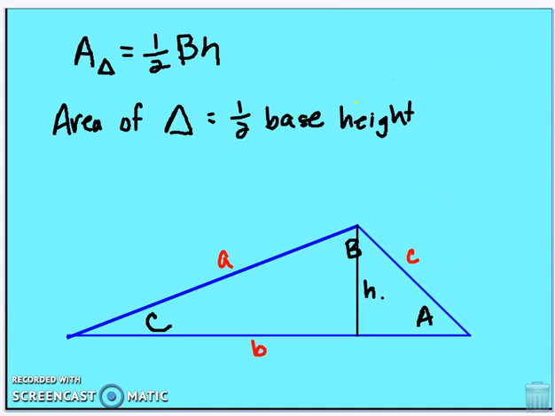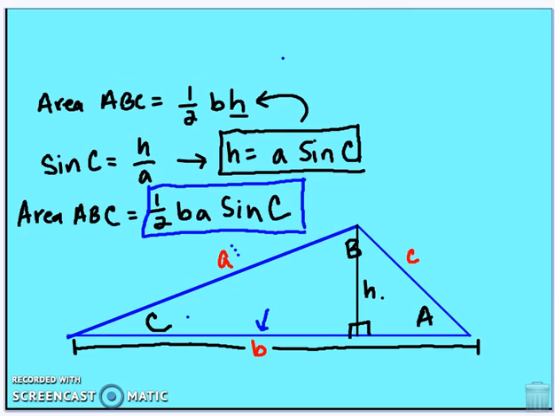All right, how does this work? We have the same triangle as before, triangle ABC, and we know that the area of the triangle is 1/2 base times height. In this case, the base is length b, and the height is h. So 1/2 h times b is the area of our triangle. Now we're going to use what we've learned in trigonometry. We know that the sine of C is equal to the side opposite C divided by the hypotenuse.